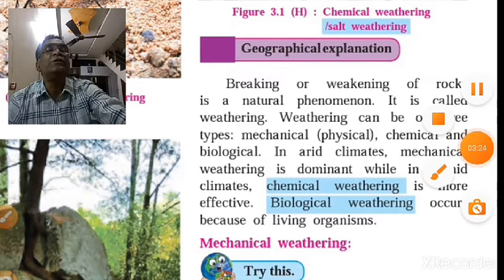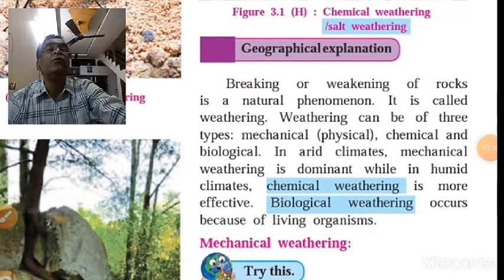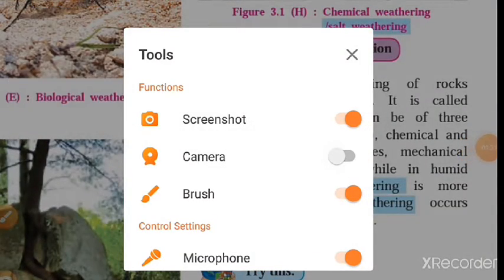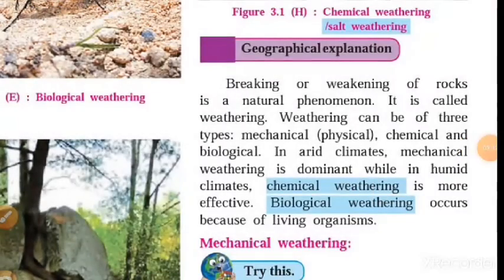This weathering of the rocks takes place due to three types of processes which go on at the surface of the earth.